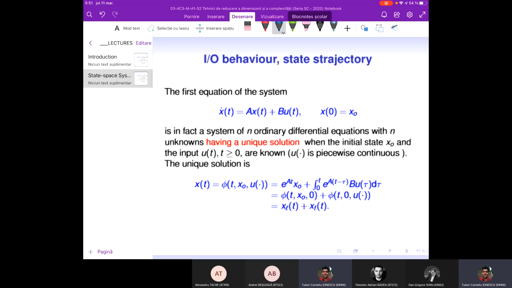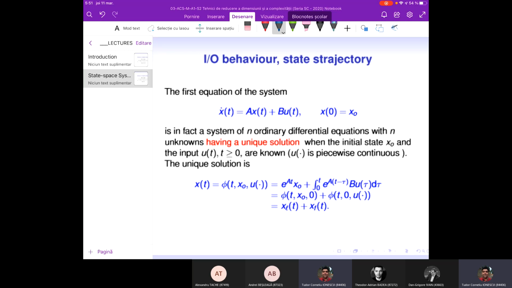Sometimes it's difficult to write the solution, so it's nice to have qualitative behaviors, and that's what we are going to investigate. We also have an input-output behavior, which we are going to emphasize, because it is also relevant for the final goal of this lecture, that is to perform model order reduction.